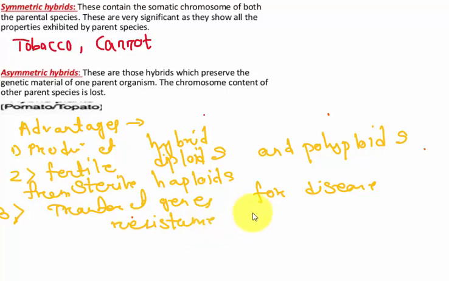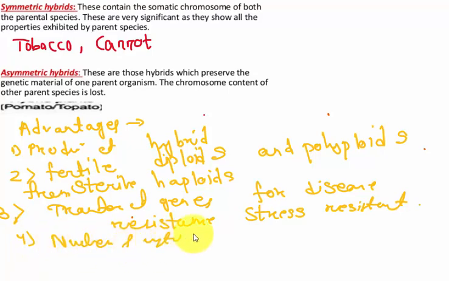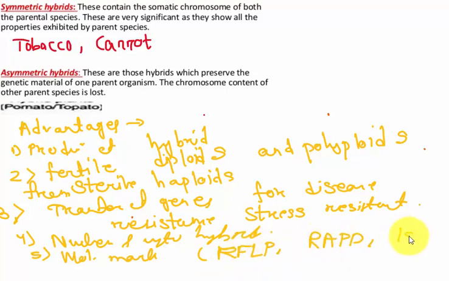or stress resistance. Then the production of nucleus hybrids and nucleus and cytoplasm hybrids. Here the molecular markers are also involved, like RFLP, restriction fragment length polymorphism, then RAPD, then ISSR.